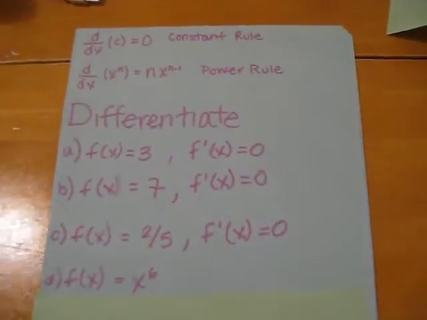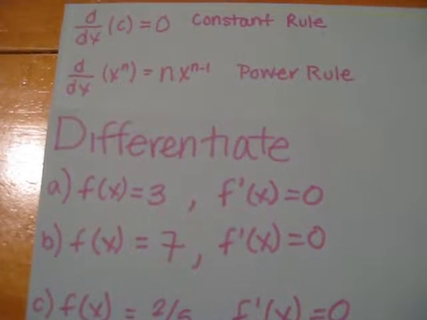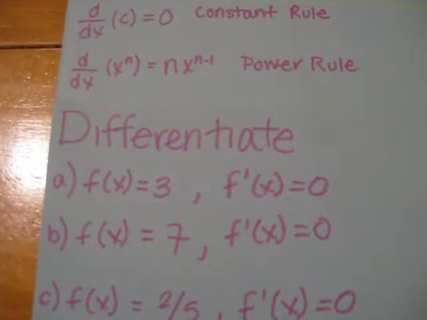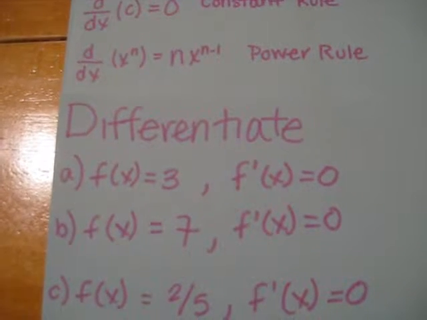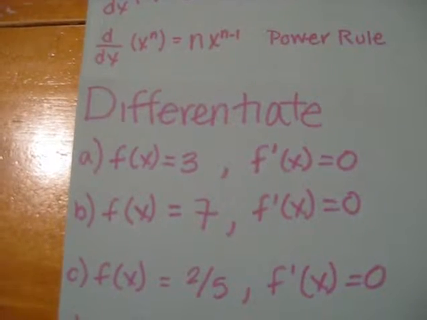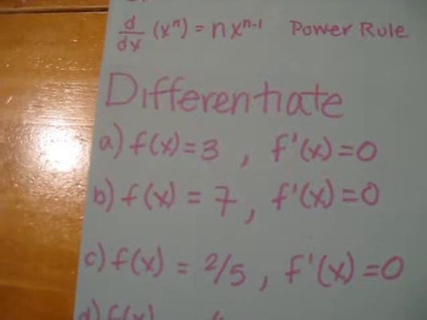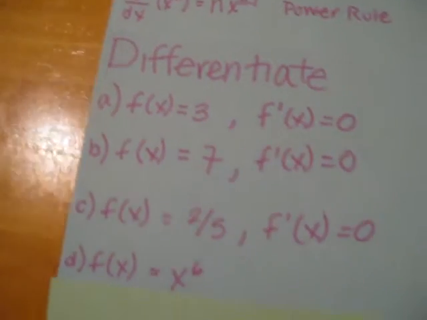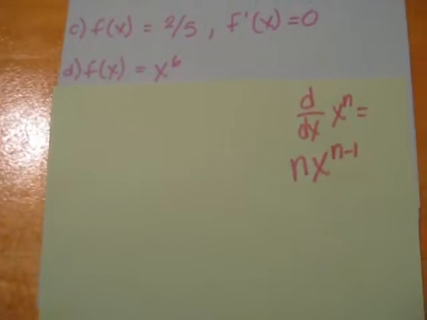As you can see up here, the derivative of a function with a power is you bring down that power, leave the variable, and then you do the power minus 1, rewritten here as we go along each problem.